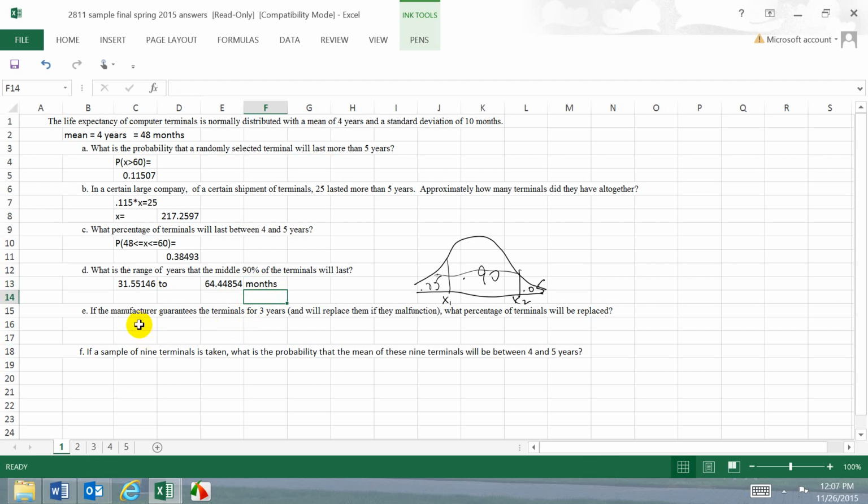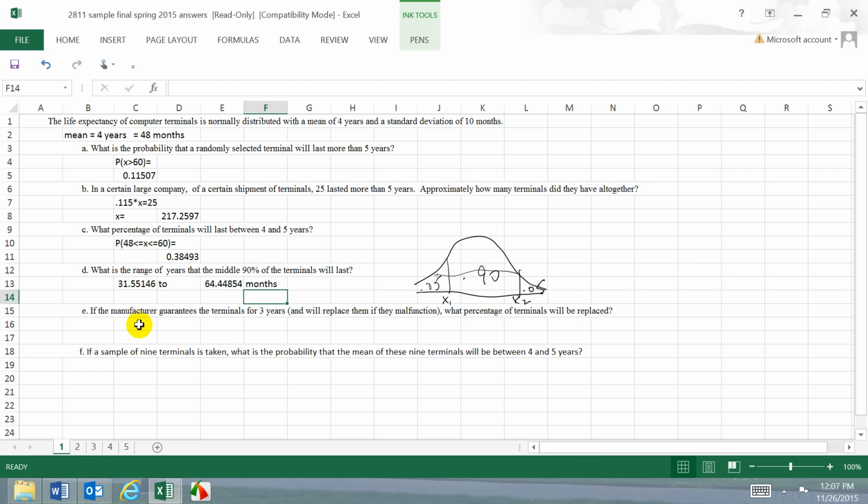Next, E. If the manufacturer guarantees the terminals for 3 years, what percentage of terminals will be replaced? That means any terminal that breaks before 3 years will be replaced.